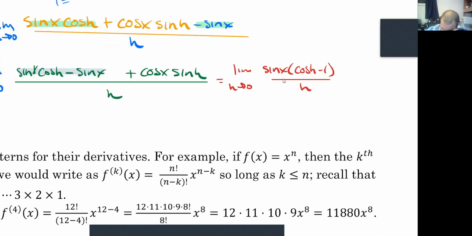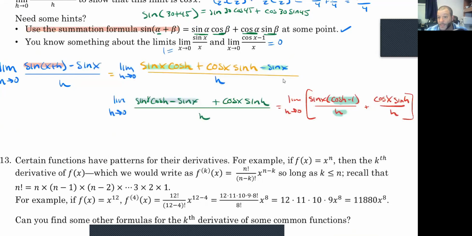Plus, I'm going to rewrite this now in terms of a broken fraction, cosine of x times sine of h over h. And oh, look at this. We know something about the limit as something approaches 0 of cosine of something minus 1 over the same something. This thing should be 0.